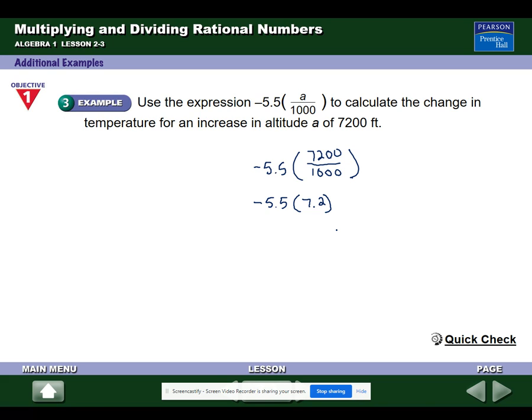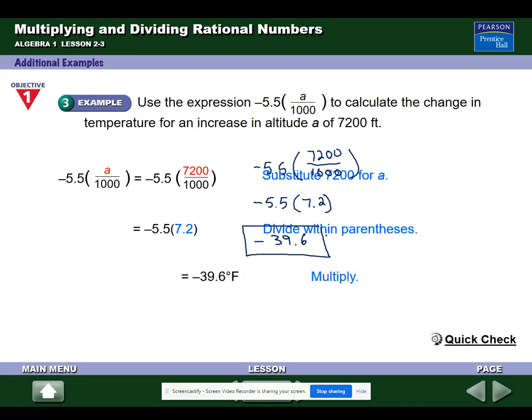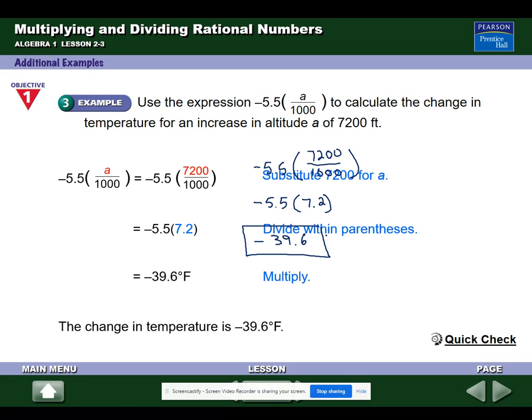I would think that you could do it if you used some paper, but why do we have you with the calculator in the first place if you have to multiply things by hand? So assuming you still have that skill, grab your calculator, multiply negative 5.5 by 7.2, you'll get negative 39.6. That's temperature, degrees Fahrenheit.